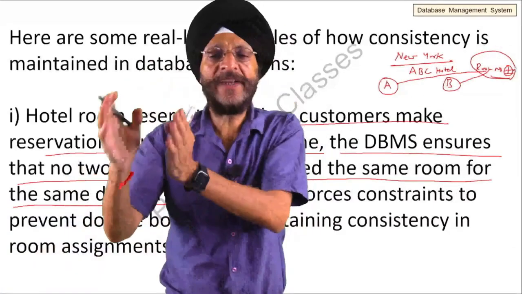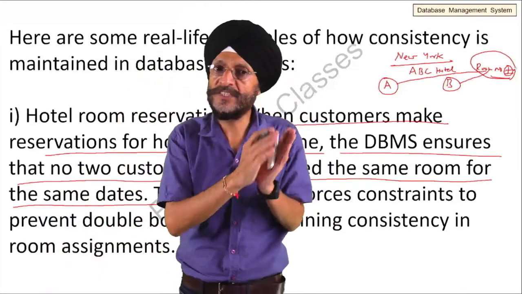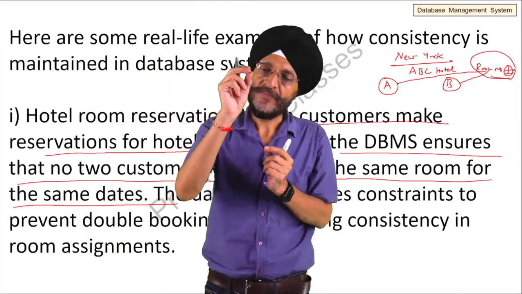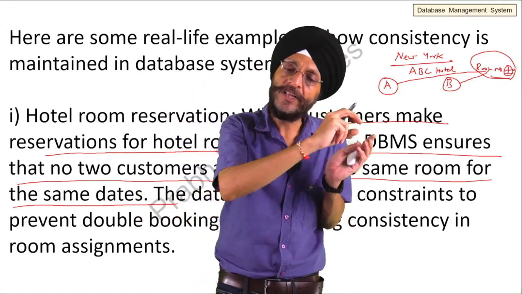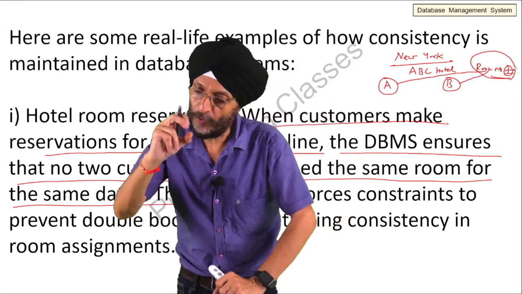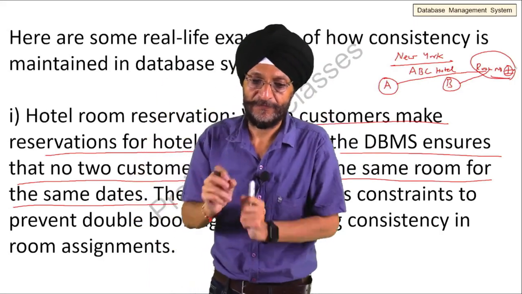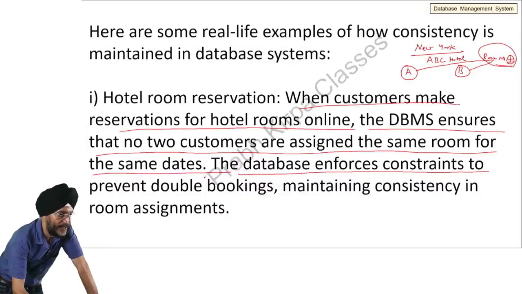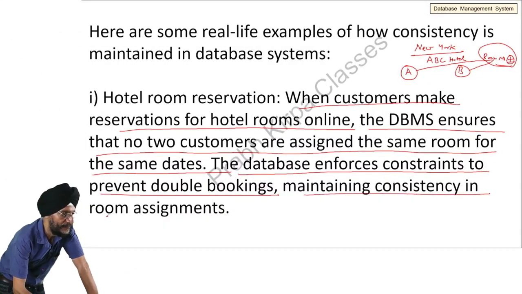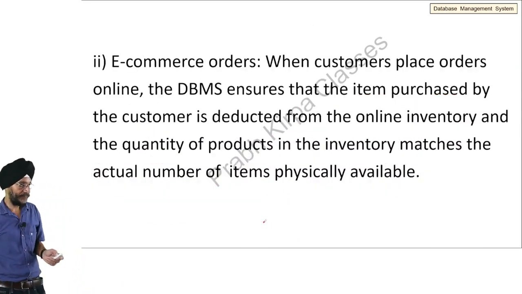They want to book any deluxe room. So the system will ensure that a particular deluxe room is allotted to only one customer and for a specific date. The database enforces constraints to prevent double bookings, maintaining consistency in room assignments.